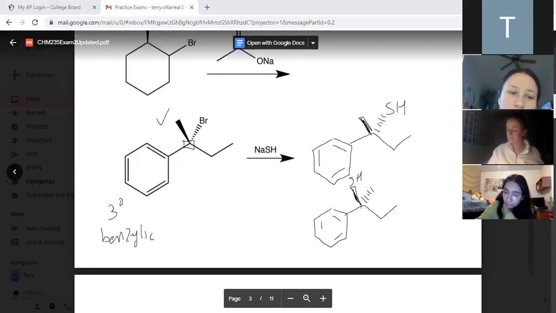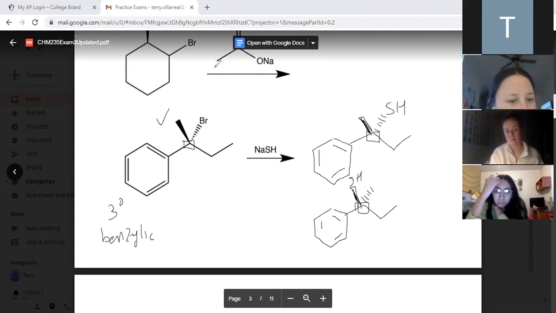Can you show the carbons that it's attached to? Because I only see two, but I'm not seeing the third one. That carbon right there? Oh, the tertiary carbons? Like the tertiary, yeah. I only see the secondary carbon. Well, one second.